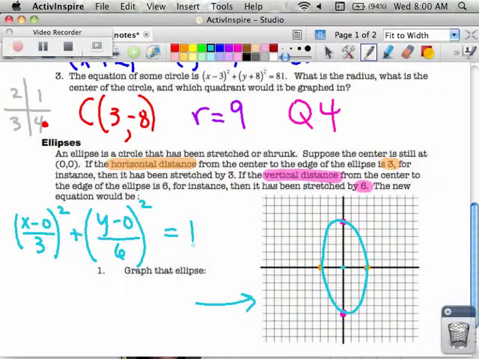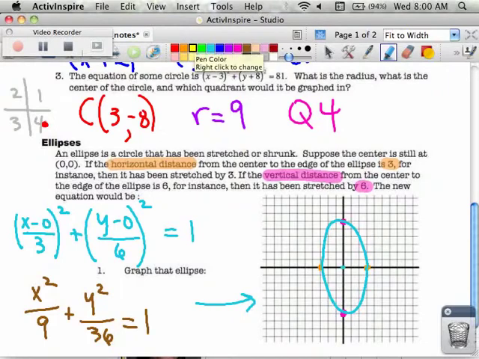Now if I wanted to, of course, I could rewrite that as x squared over 9 plus y squared over 36 equals 1. And what I want to tell you is, like the circles, they always have an h and a k, but unlike the circles, it's always equal to 1.